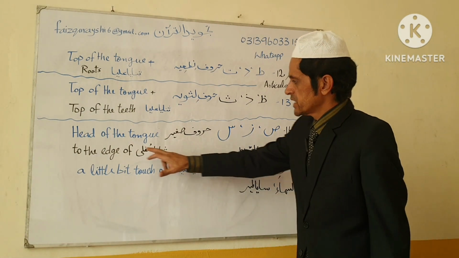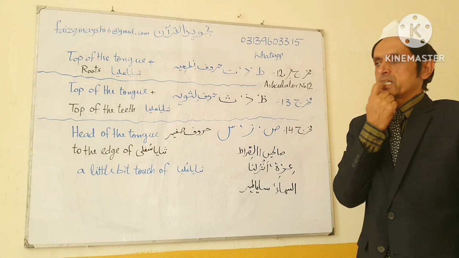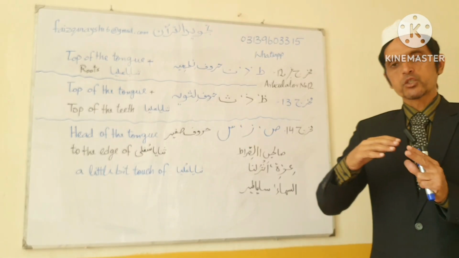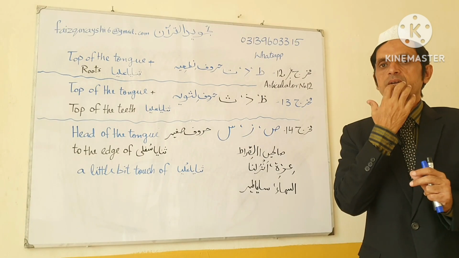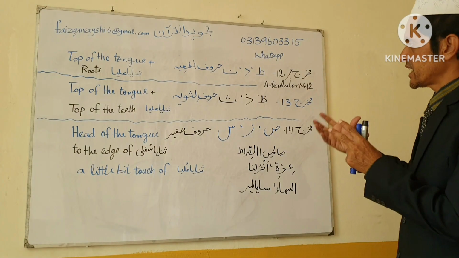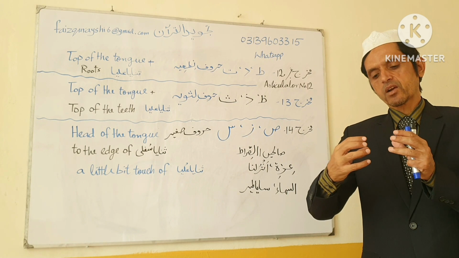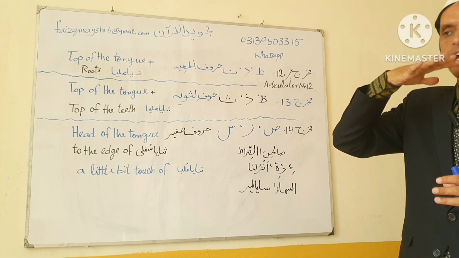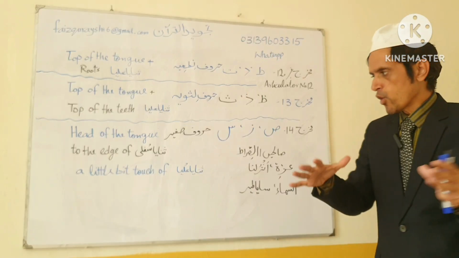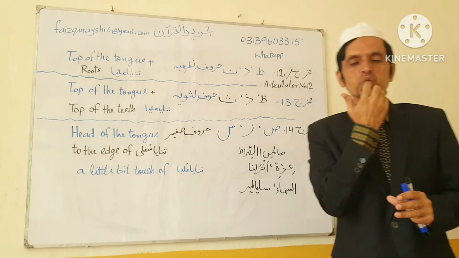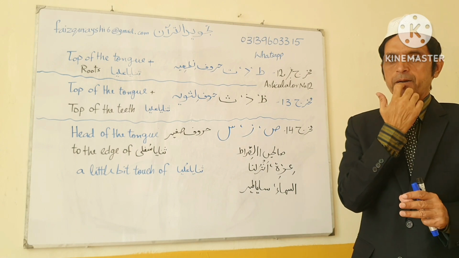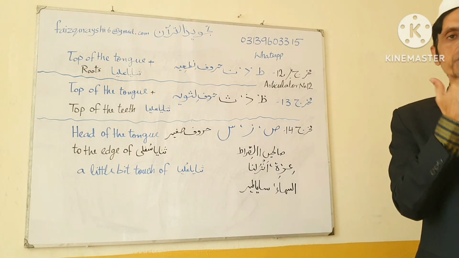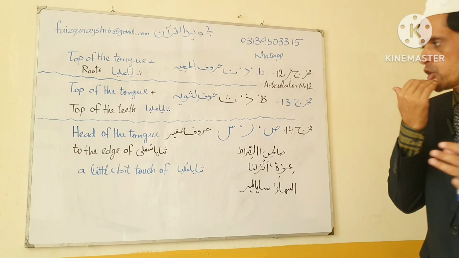And thanaya sufla: in the whole set we have 32 teeth. In these 32 teeth, most of the letters are articulated with the combination or coordination of the tongue with the upper teeth, and the down teeth have no role except these two teeth, thanaya sufla. There is no role of the other down teeth in the down jaw.